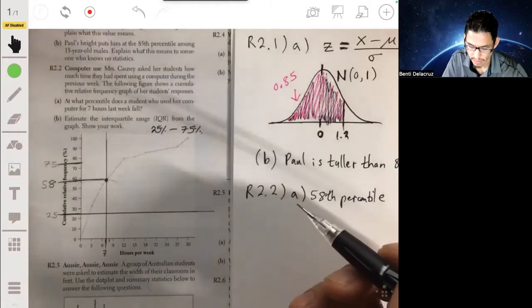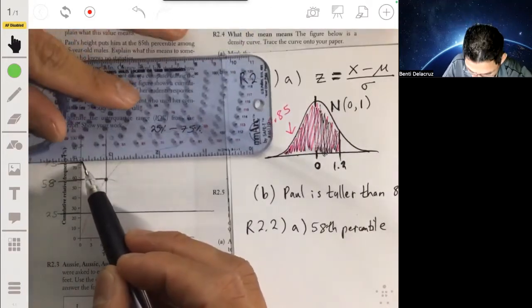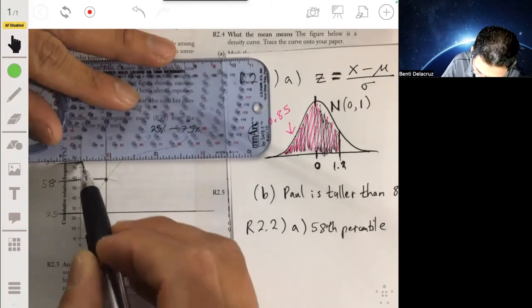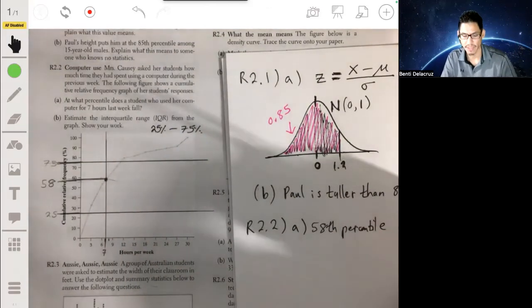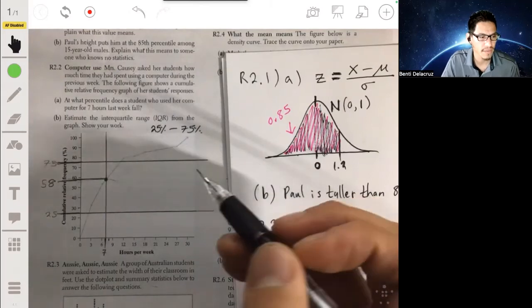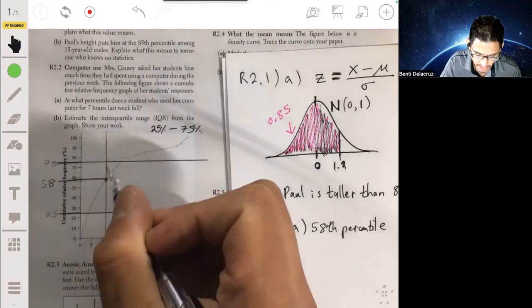Something like that. And then my 75th percentile line, again trying to draw this as perpendicular as I can. Something like that. And then I try to match up where this intersects the graph.